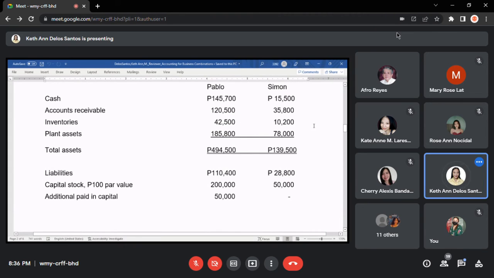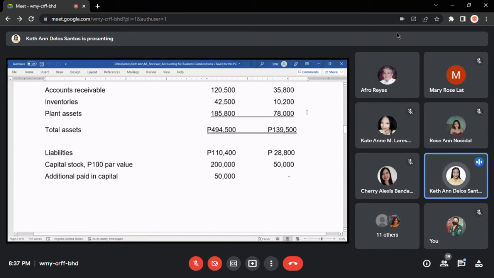For the entry of Simon, cash 15,500, accounts receivable 35,800, inventories 10,200, plant assets 78,000 with a total assets of 139,500.